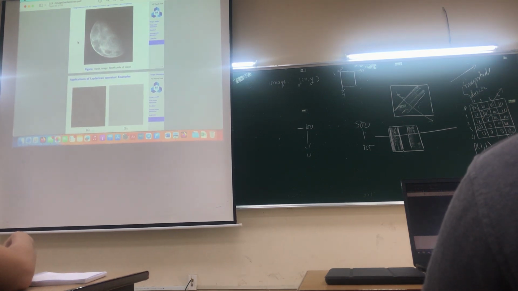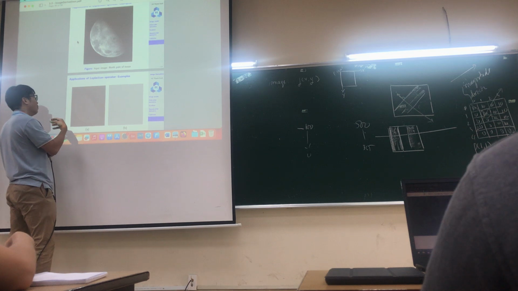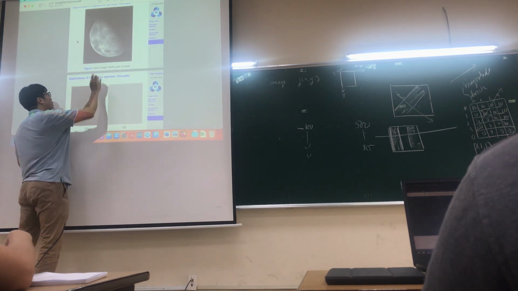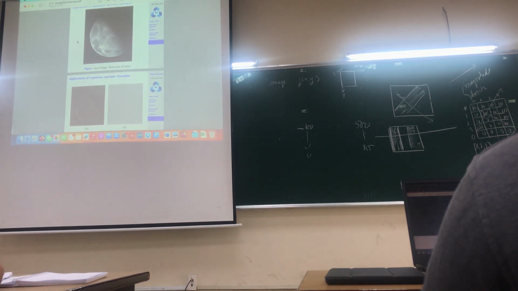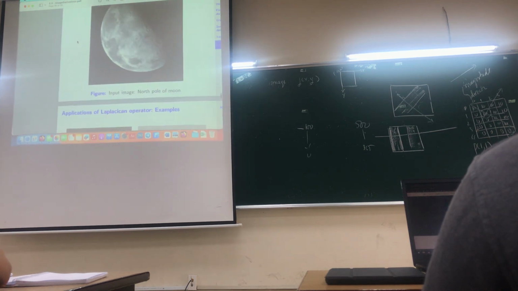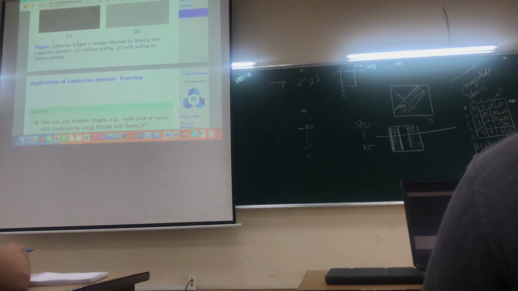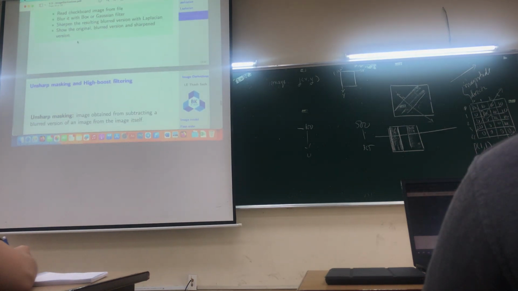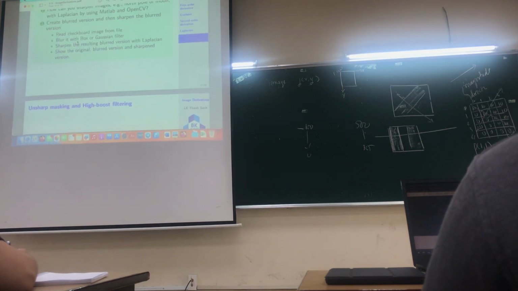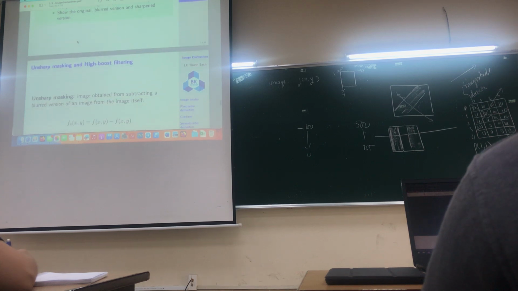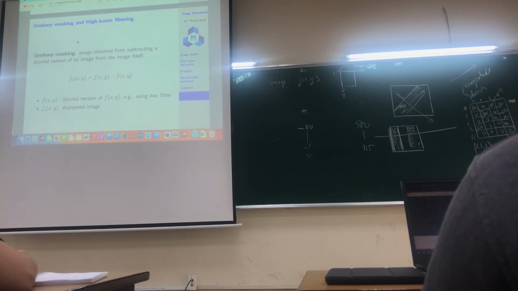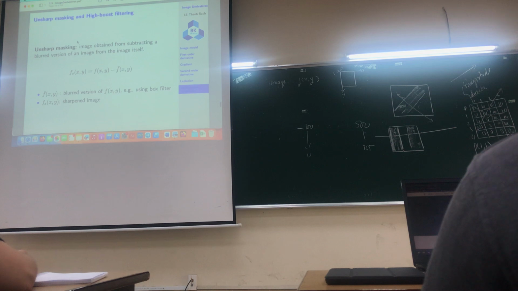If you want to create the sharpened image, you can add this into them. Or you can undo something by this equation.